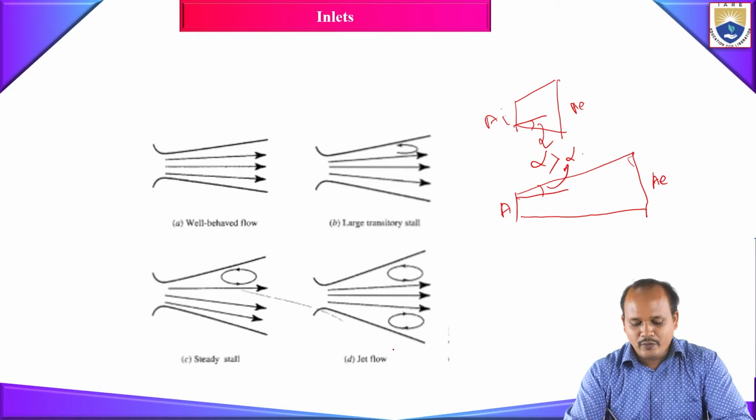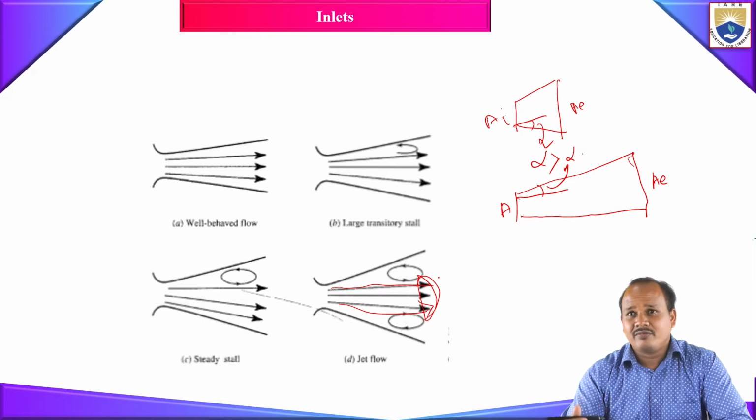And what is this jet flow? In the intake, where you will have a very rapid increase in the area, in those situations, what is going to happen? You will have the jet flow. Jet flow means you will have vortices formation, and at the center portion only you will have the flow movement. Basically, this is going to reduce the mass flow rate entering your compressor.